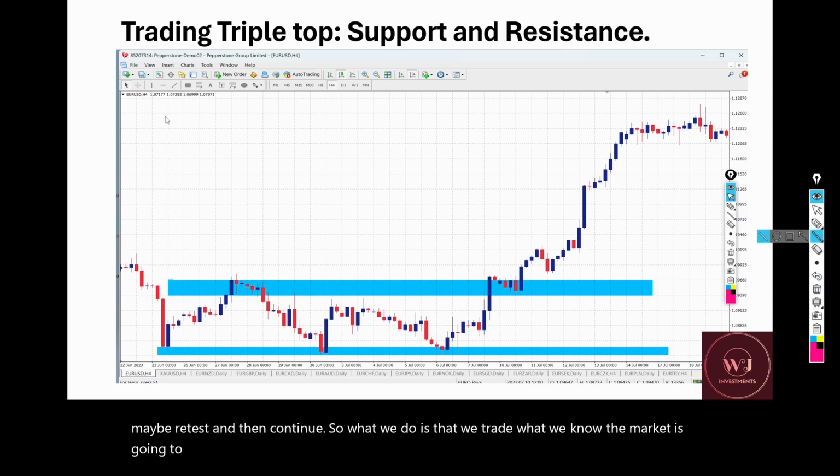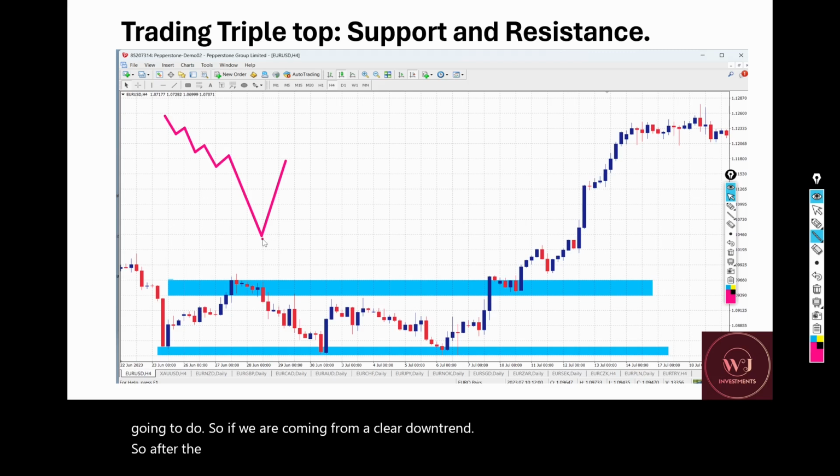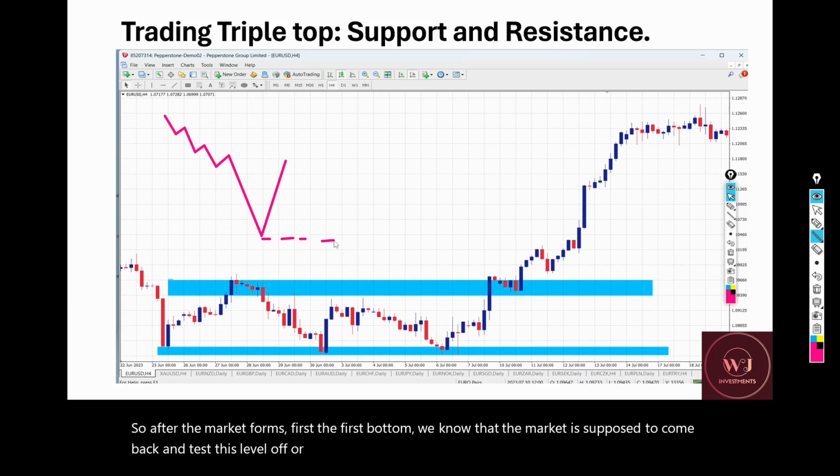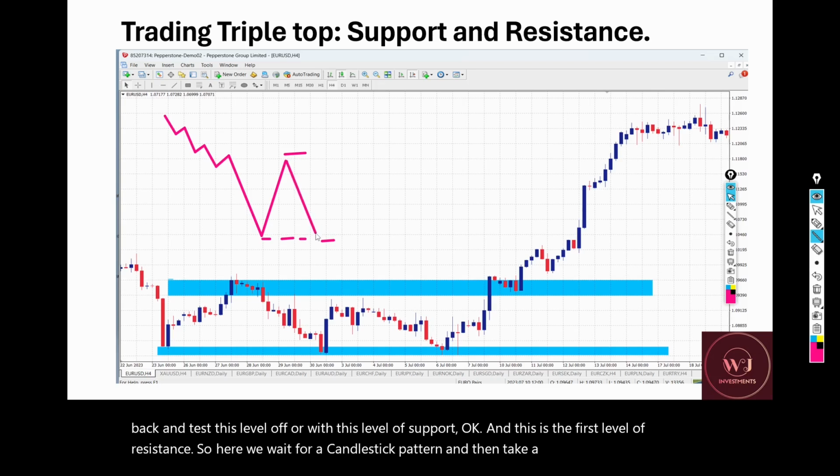So if we are coming from a clear downtrend, after the market forms the first bottom, we know that the market is supposed to come back and test this level of support. And this is the first level of resistance. So here we wait for a candlestick pattern and then take a short trade to this level of support.